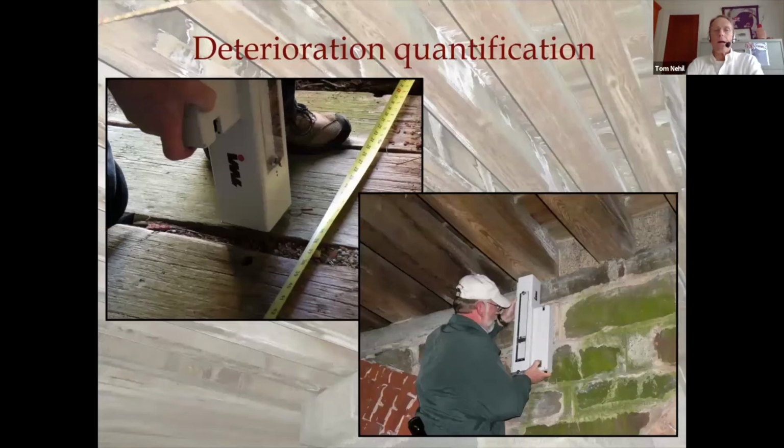So a couple of different ways we might go about quantifying damage. In a very mildly destructive test, we have drilling techniques. This is resistance drilling shown here, a sophisticated drill, you might say. It pushes a probe into the wood and measures the resistance as a function of depth, and it records that for you.